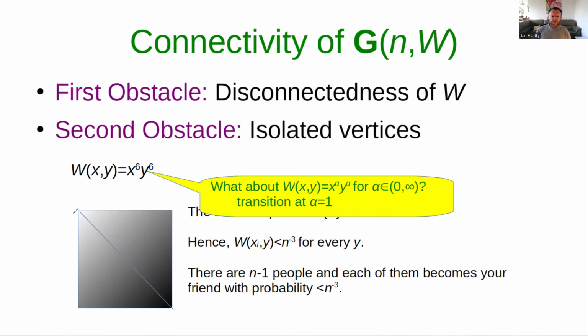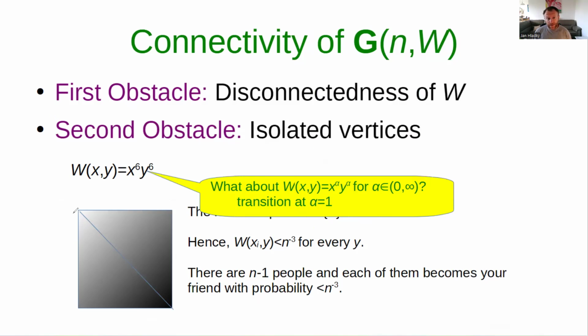The power of 6 was chosen somewhat arbitrarily. It is not the optimal threshold. But if you try to repeat the previous consideration for graphons of the form x to the alpha times y to the alpha, you will see that you will not succeed in arguing that there is an isolated vertex if alpha is less than 1.